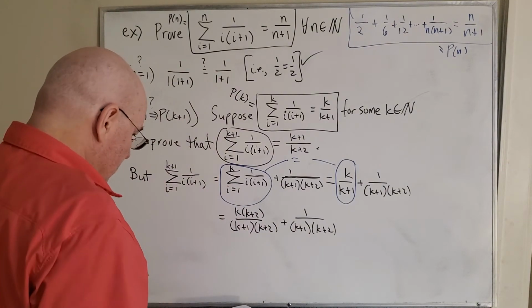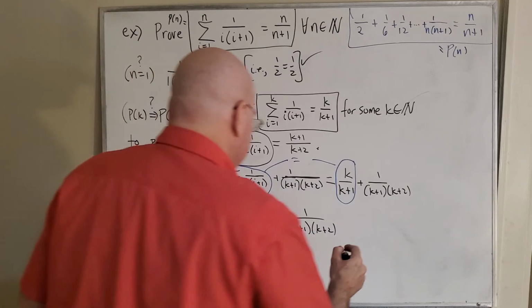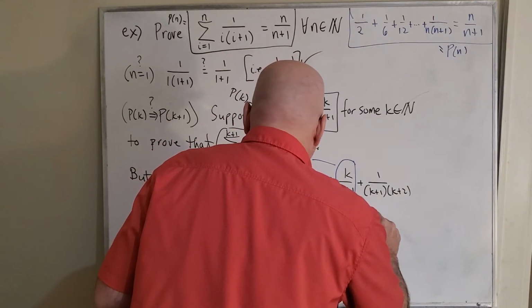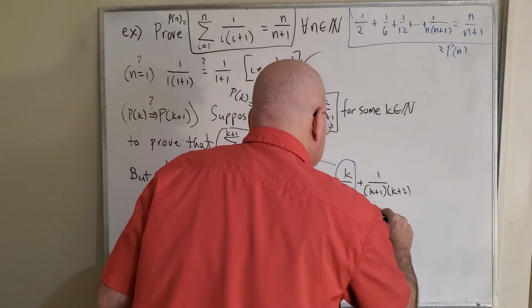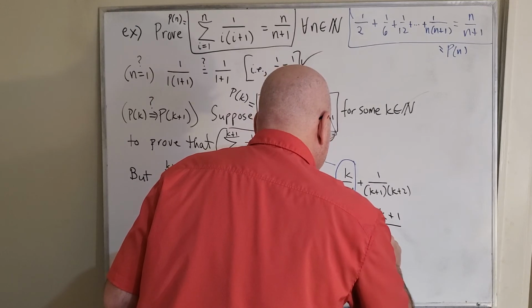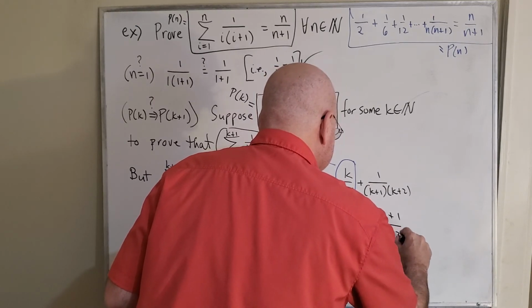And let's combine them into one fraction and get k squared plus 2k plus 1 over k plus 1 times k plus 2.